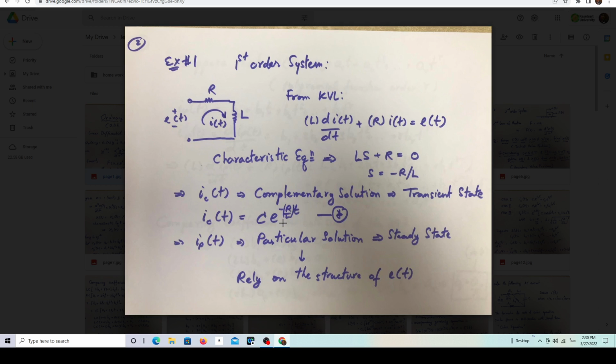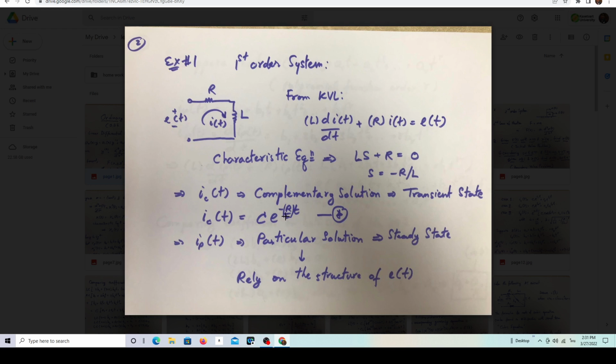As you take the limit of t approaching infinity, knowing that R and L cannot be negative values, ic(t) is equal to 0, because this value keeps approaching 0.